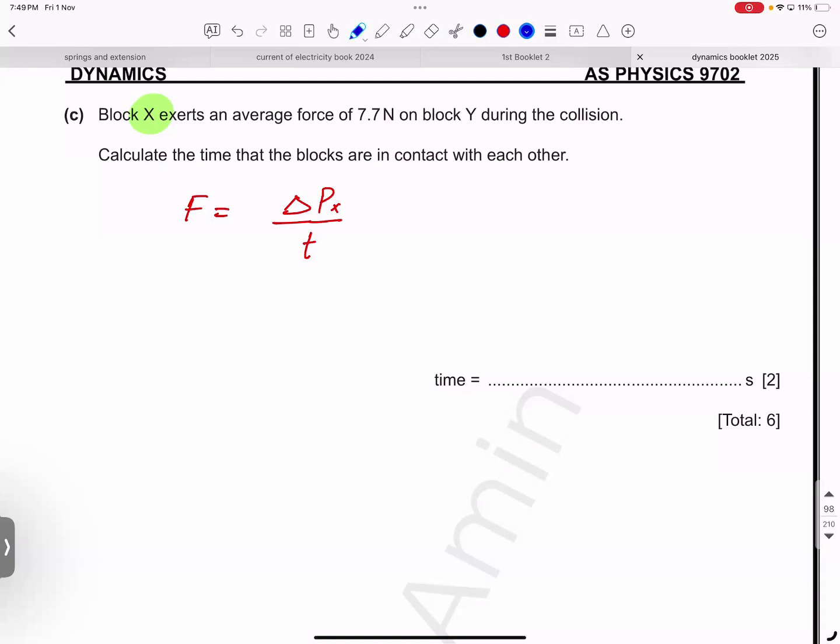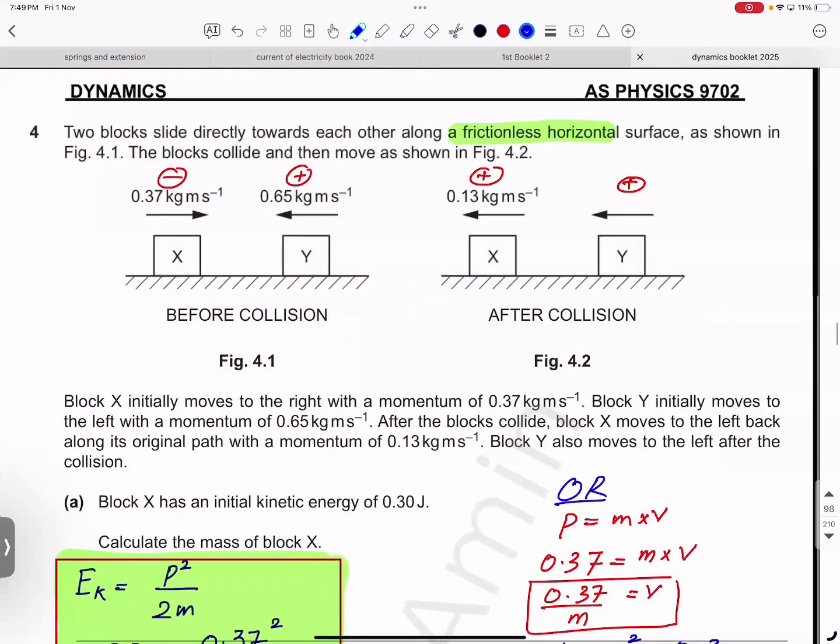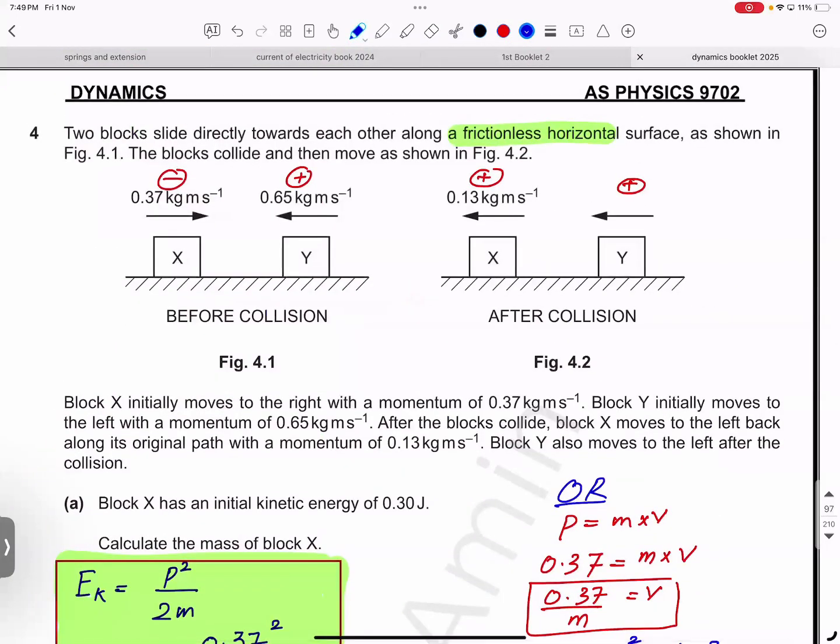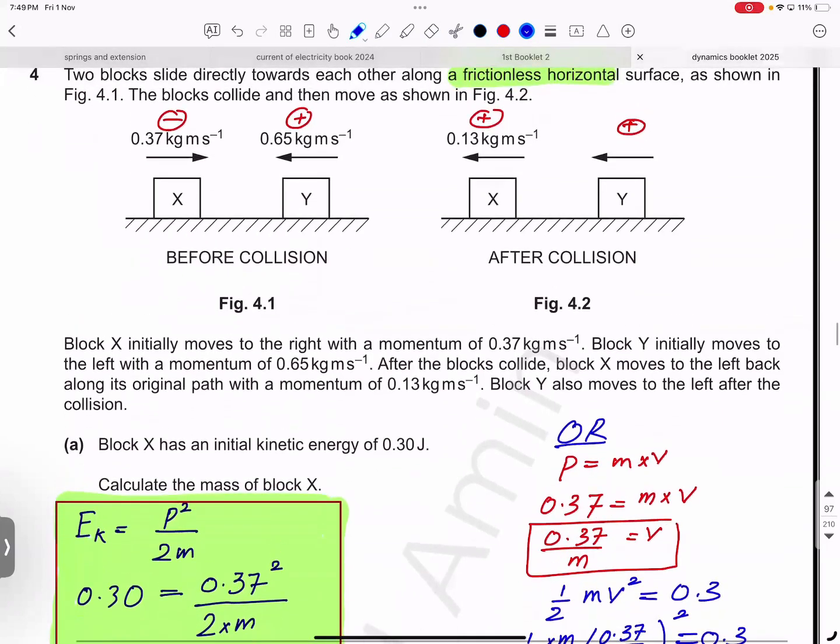Okay. Force is 7.7. Change in momentum of X. Initially X was on the right side, 0.37. After, it is on the left.